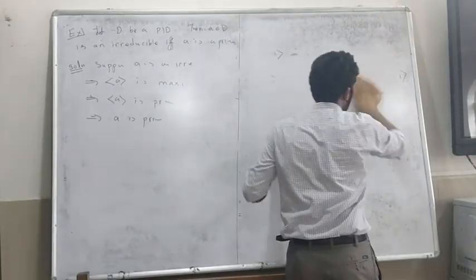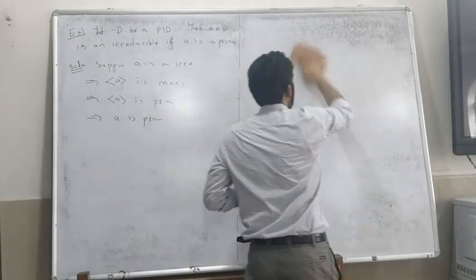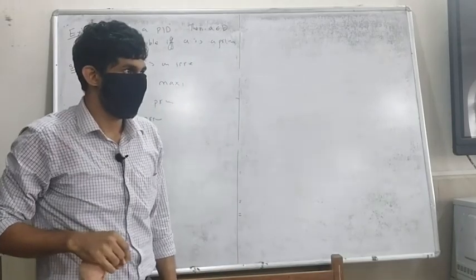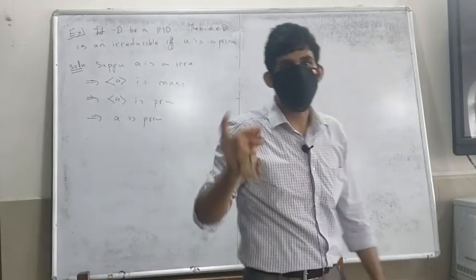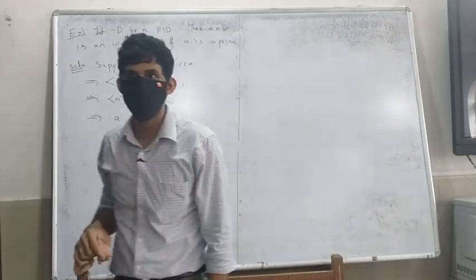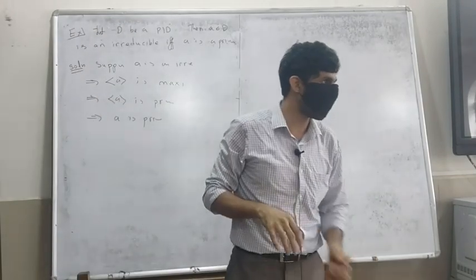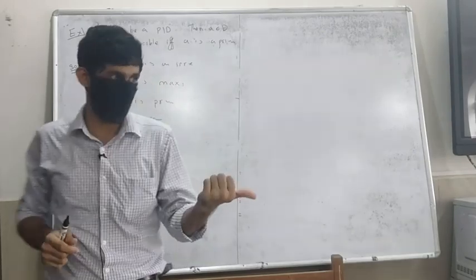Especially I want to see this for one particular example: an irreducible which is not a prime. I want to give an example of an irreducible in some integral domain which is not a prime.